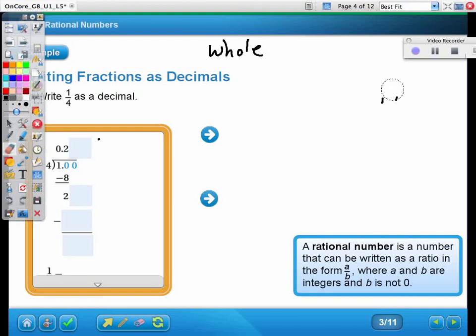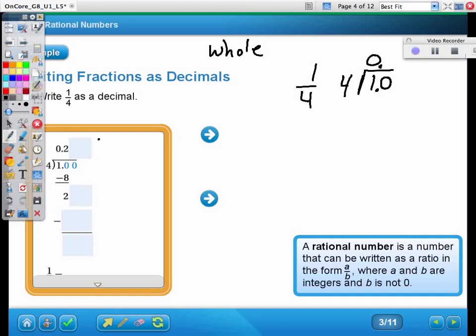So if I plug this in now, 1/4, and I do the division, I know that 4 goes into 1 0 times. I show the decimal point and the 0 that was already there, but just invisible. Then I immediately put the decimal point in my answer up here on the top, okay?